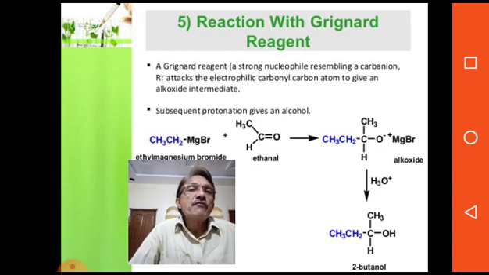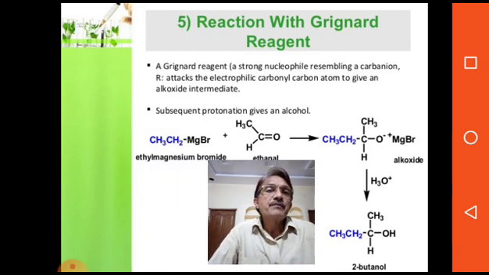So when a Grignard reagent resembling a carbanion attacks the electrophilic carbonyl carbon atom, it forms an alkoxide ion. That alkoxide ion, RO minus, on protonation gives ROH, that is alcohol.